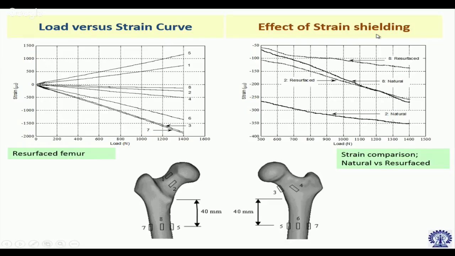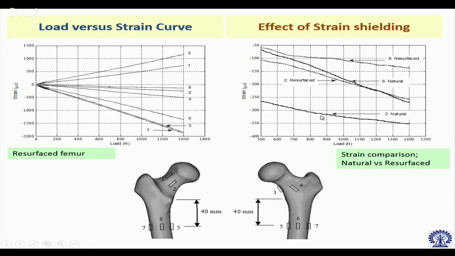The effect of stress shielding or strain shielding can be compared by comparing corresponding gauge locations, the outputs of the natural and resurfaced femur. So you can see here clearly that there is a natural case number 8 and there is a resurfaced case. Here the strain is higher, a more compressive strain, and it is lower after implantation.